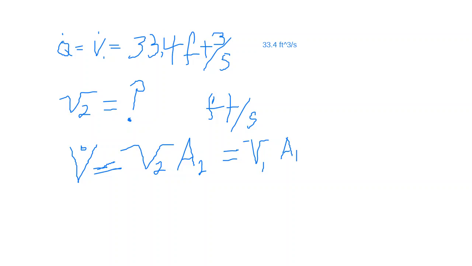So seeing that we know V dot, then we just need to divide it by A2 to get V2. So what is V2? And remember, the area is in inches, so you got to convert it to feet.